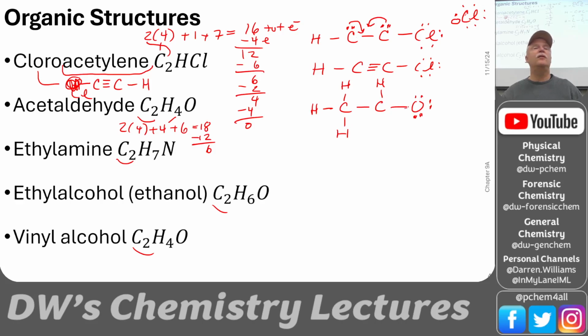So we put them on the most electronegative atom until it has an octet. So we've got oxygen all happy there. Minus 6, we've got 0. Now we're looking at this molecule. This carbon does not have an octet, so it's going to want to share these electrons with the oxygen. So we would form a double bond and scratch those guys out. And that's acetaldehyde.